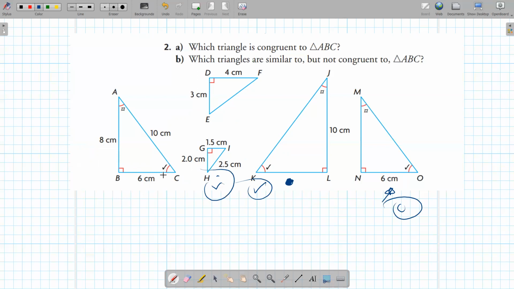Let's look at the one on the top. What about that one? By the one on top, I mean this. Are these two triangles similar?